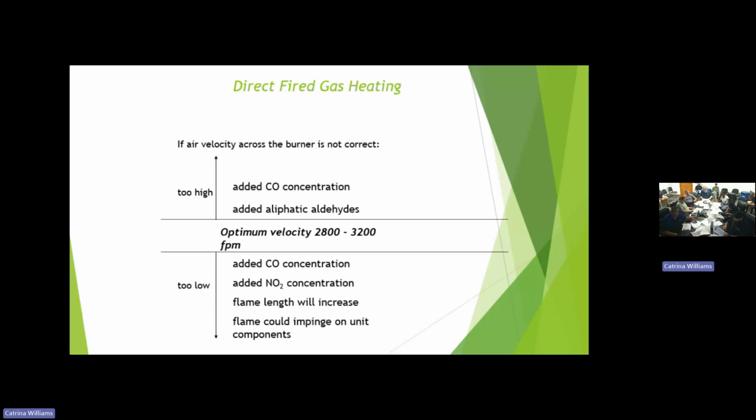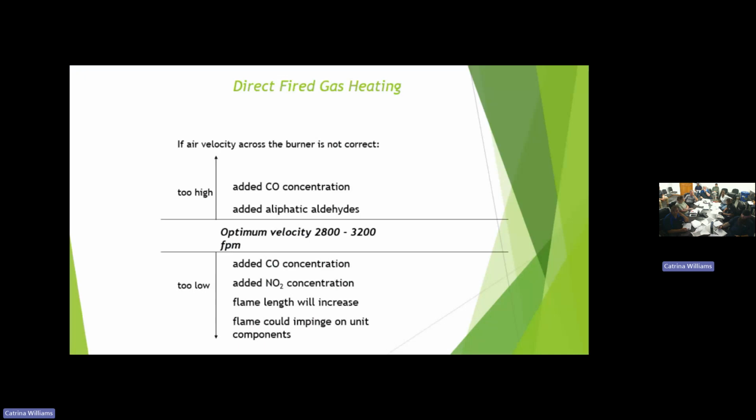Now, as Crystal brought up, we do have pressure switches across there because we're shooting for this optimal velocity, 3,200 to 4,800 feet per minute. That's how fast we move that air across the burner. If it's too high, we add CO, which you know how critical that is. We also add aldehydes, which give the odor. So if the pressure is too high, we shut the burner down.